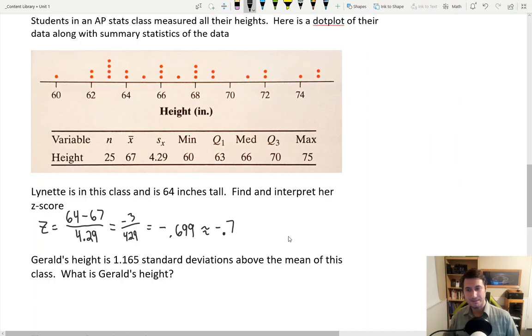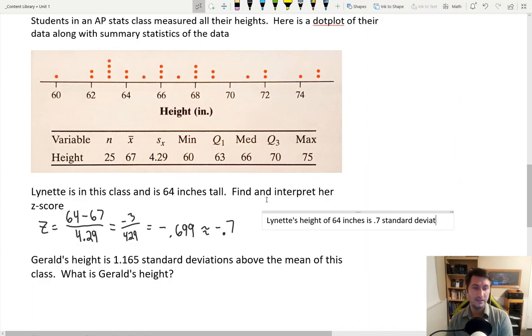So what does this mean? Lynette's height of 64 inches, there's my context, is 0.7, my z-score, standard deviations below the mean of, well, our average 67 inches tall.